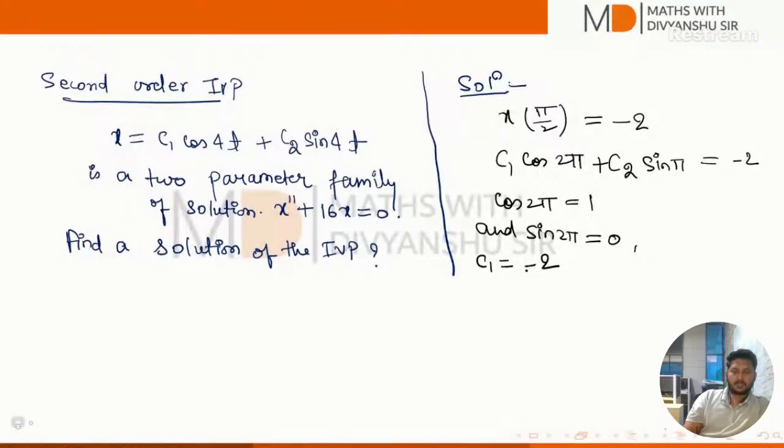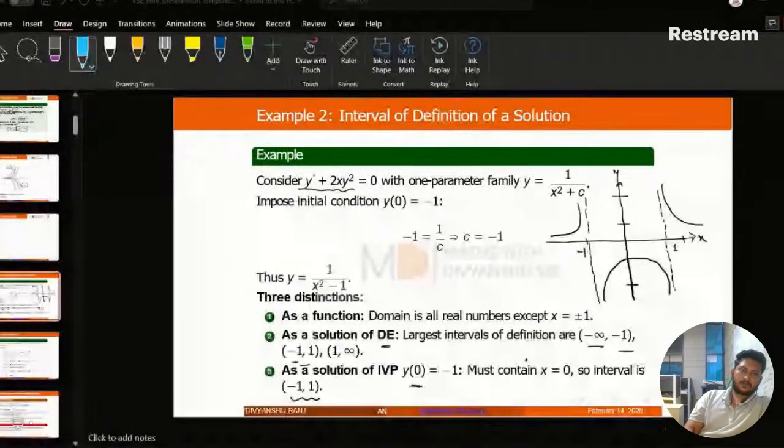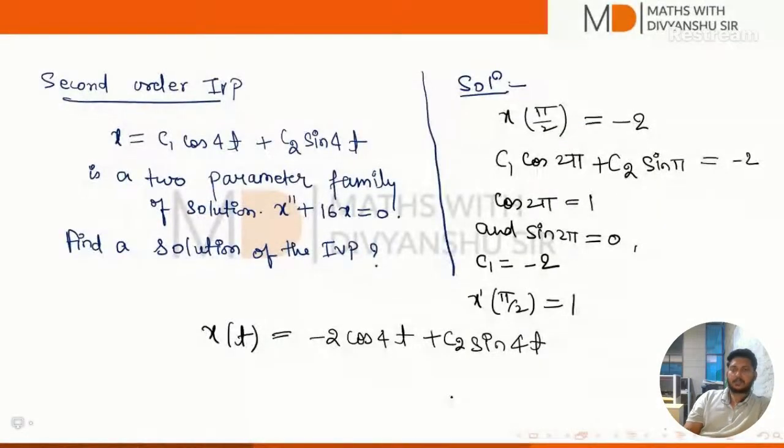We next apply x prime. Now when you take the derivative, x prime(pi/2) is equal to 1. So the one parameter family, I think, put here x(t) is equal to minus 2 cos 4t plus c2 sin 4t. That is the notation in parametric form.